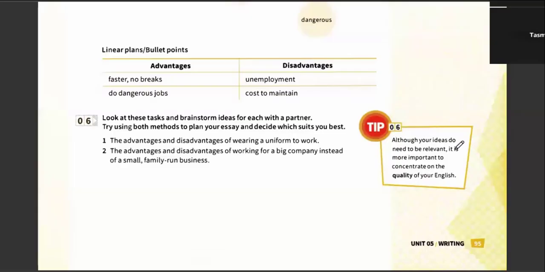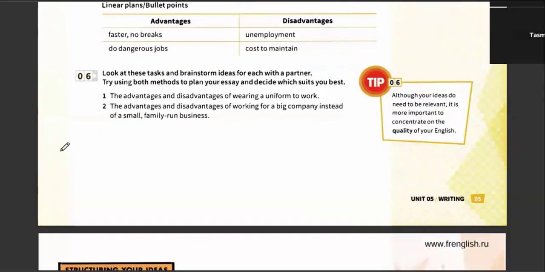Okay, so there was a tip here. I did not read it before. So it says, although your ideas need to be relevant, it is important that you concentrate on the quality of your English. So keep this in mind. This is actually very necessary and important: your ideas should be relevant, but the quality of your English, the way you're expressing your ideas, describing your ideas and stating your point, should be of good quality.